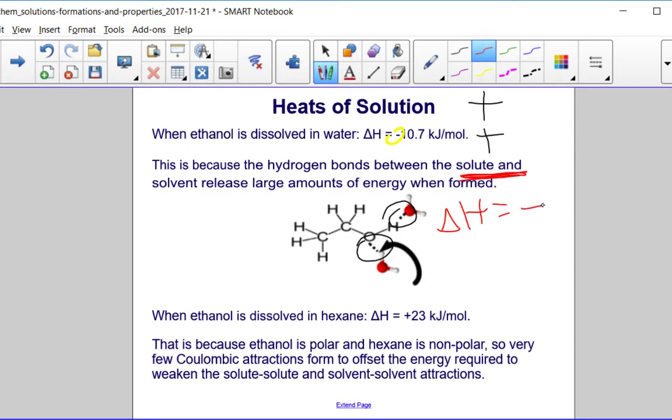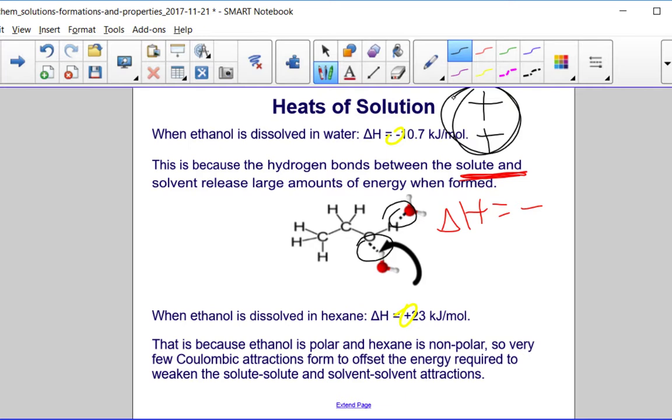On the other hand, if I dissolve ethanol in hexane, I get this positive enthalpy, and that's because, again, ethanol is polar and hexane is nonpolar. So when the two parts, solute and solvent, decrease their coulombic attraction for one another, we still have these positive inputs of energy.